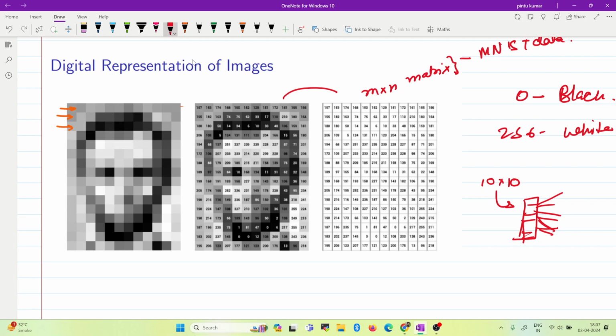So the entries over here and here are not related to each other, and the entries you're passing are not in a continuous manner. Whereas in a 2D image, this entry and this entry can be related, so if you do some operation on your 2D image, that can be more useful to you. So this is one thing I wanted to mention: your images are nothing but m cross n matrices, at least for the grayscale image.